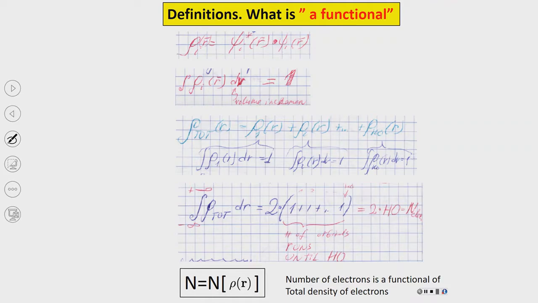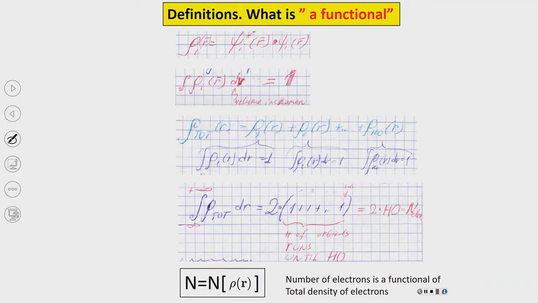I'm going to tell you a secret. Now you know what a functional is. Not density functional theory, but the general mathematical concept of functional. If you have a function, so your charge distribution is a function, a 3-dimensional function, and the number of electrons is a number. So the procedure that converts a function into a number is called a functional. Okay?